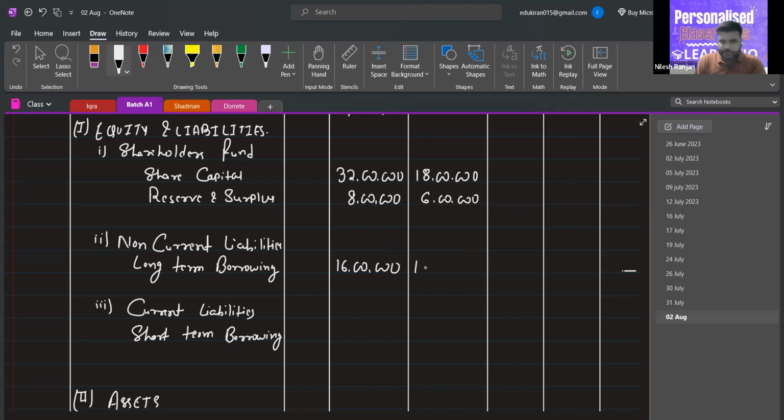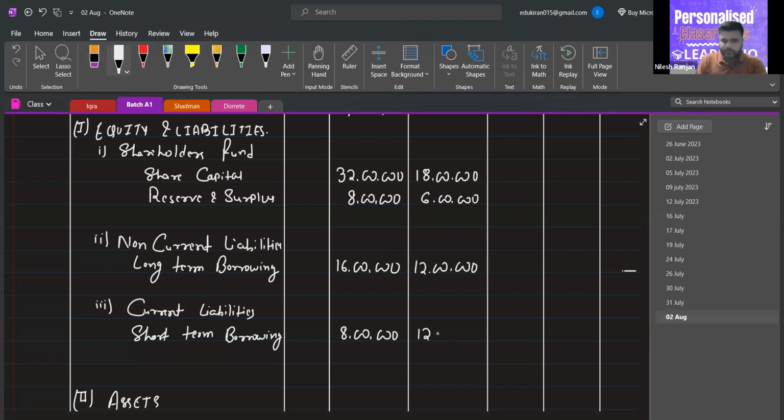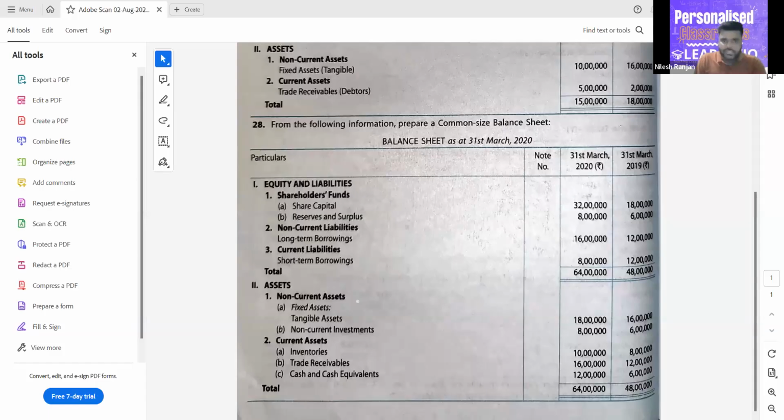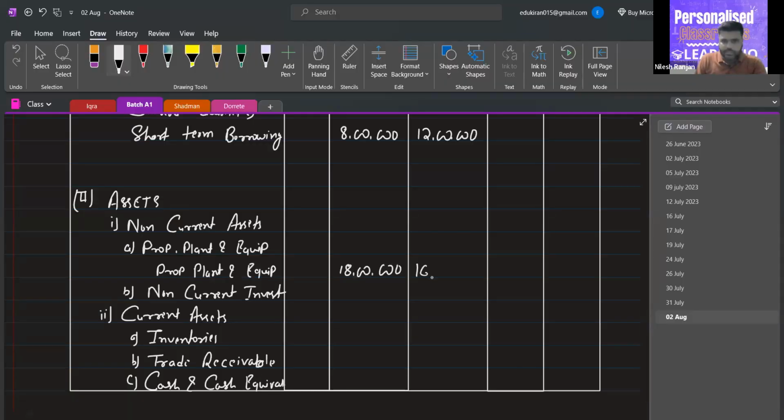After that, 8 lakh, 12 lakh. And then tangible assets 18 lakh, 16 lakh.